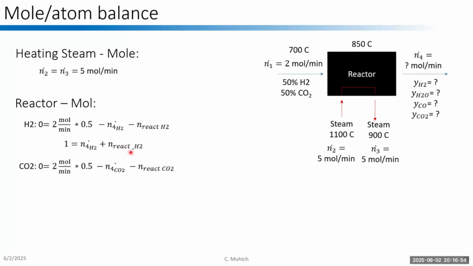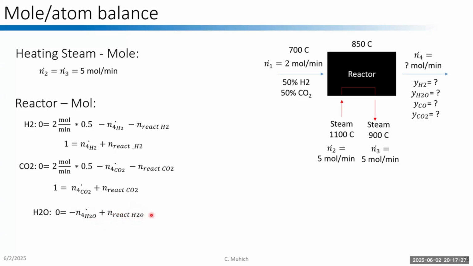I can do the same thing for CO2. It's going to look pretty similar. 1 is going to equal my molar flow rate of CO2 leaving plus the number of moles of CO2 that reacted. In terms of water, I had no accumulation. I have no moles coming in, but I do have moles leaving. So that's my molar flow rate of H2O plus how much it was generated.